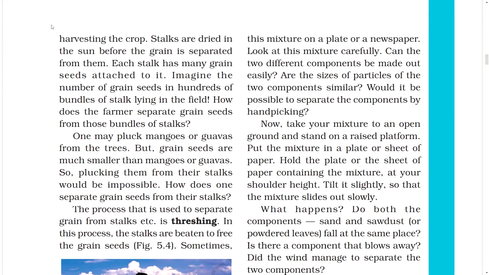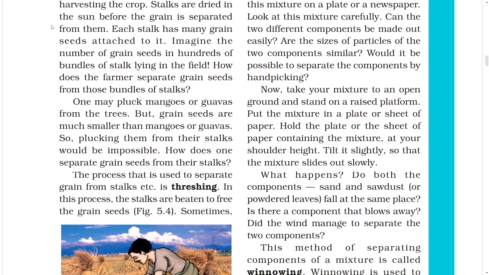Now take your mixture to an open ground and stand on a raised platform. Put the mixture in a plate or sheet of paper. Hold the plate or the sheet of paper containing the mixture at your shoulder height. Tilt it slightly so that the mixture slides out slowly. What happens?